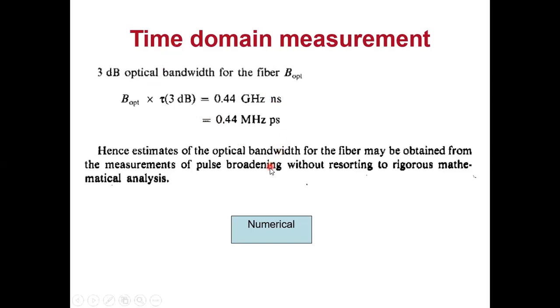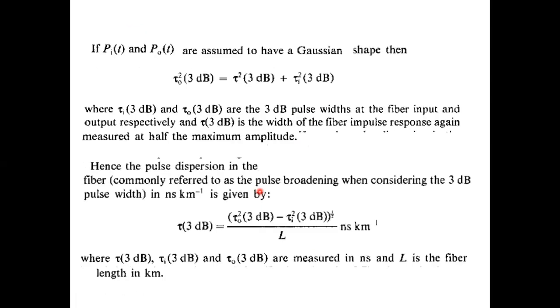So with this I will give you one small numerical which is based on this particular formula and the previous formula. I will be dictating, so please copy down that problem.